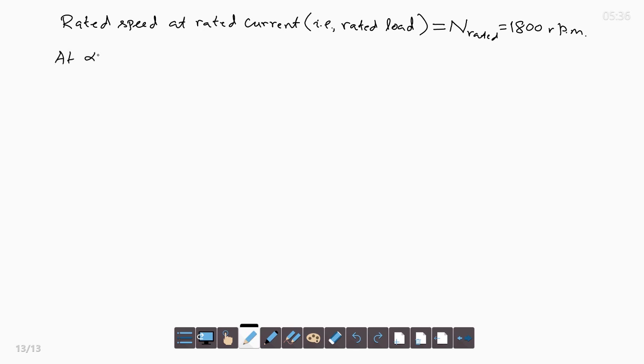At alpha equals 22.24 degree, we find the no load speed.